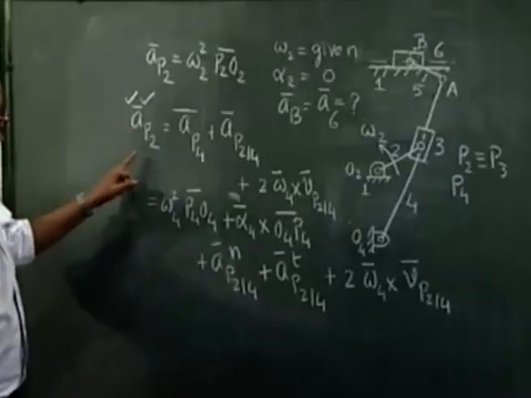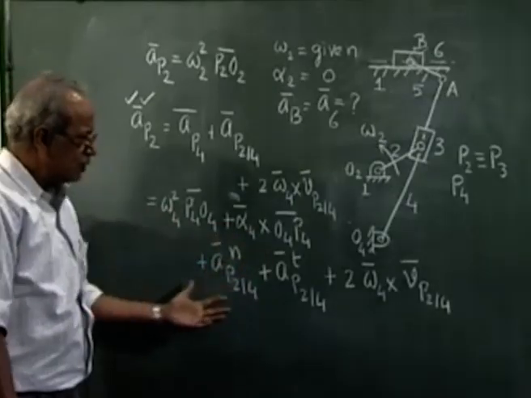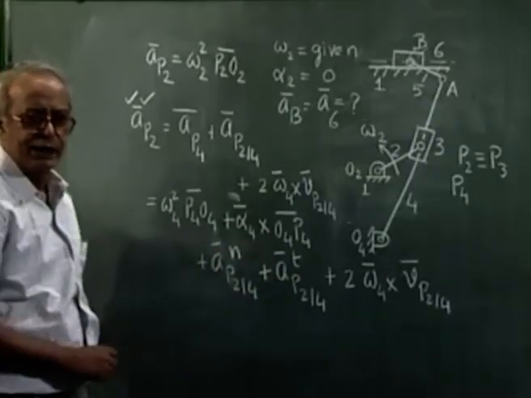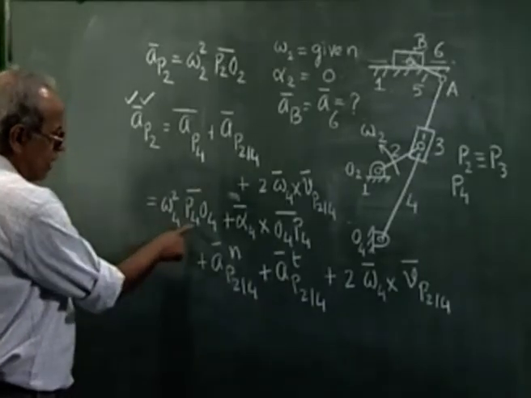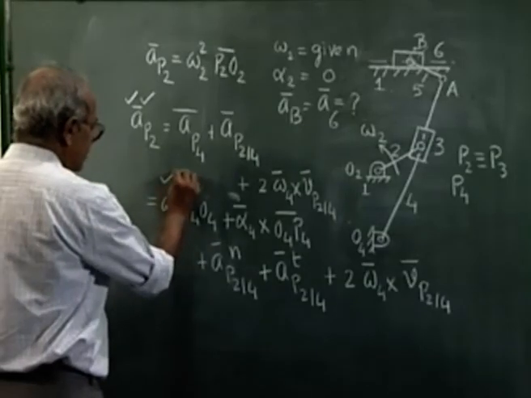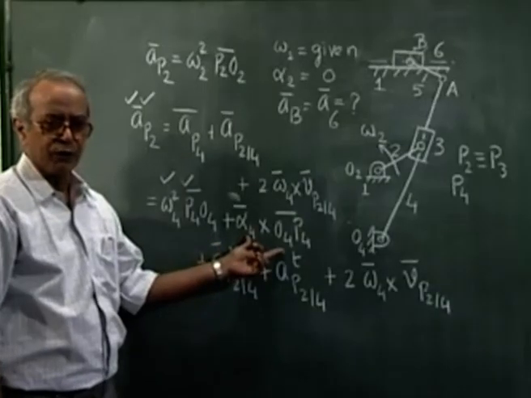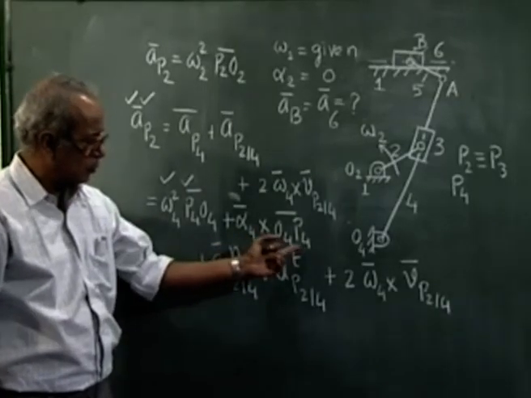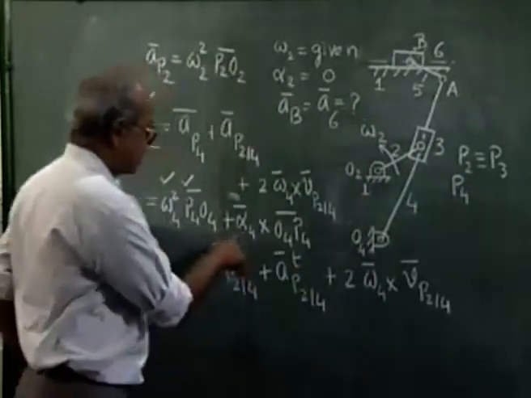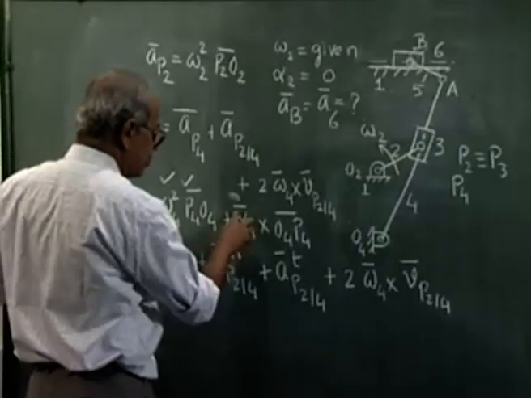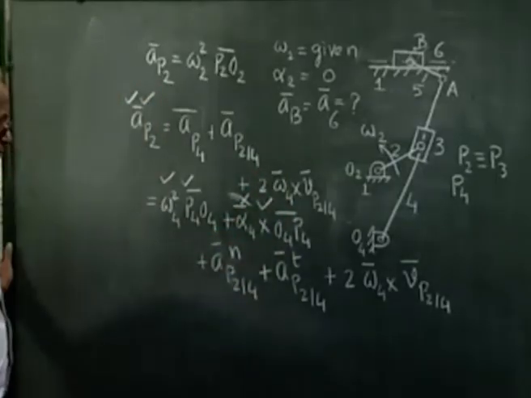Now this is the complete expression for AP2. Now let us see on the right hand side which vectors are completely known and which are still unknown. Because we have already determined omega 4 and P4O4, this vector is known, so both the magnitude and the direction are known. Now alpha 4 cross O4 P4, this is perpendicular to O4 P4, so I know the direction that is perpendicular to the line O4 P4, but I do not know alpha 4, so the magnitude is unknown. So for this vector the magnitude is unknown, but the direction is known.